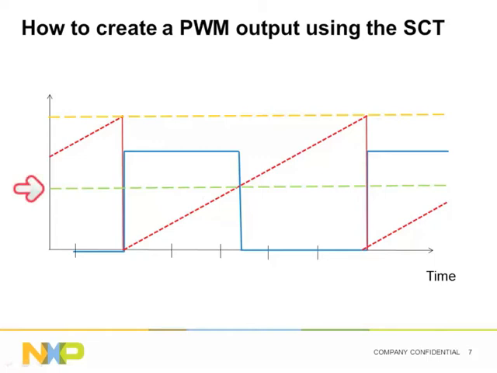The first one, in green, defines the point in time at which the output, in blue, needs to be driven low. The second one, in orange, defines the end of the period and is configured to limit the timer. In fact, as you can see, the counter value is set back at 0 and the SCT restarts counting. At the same time, this event also sets the output signal back to logic level high.